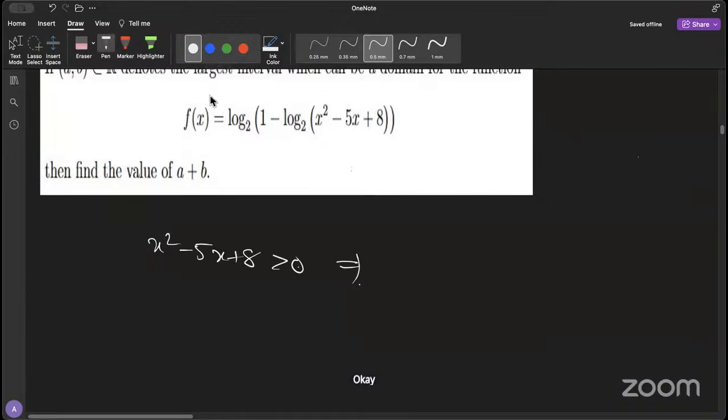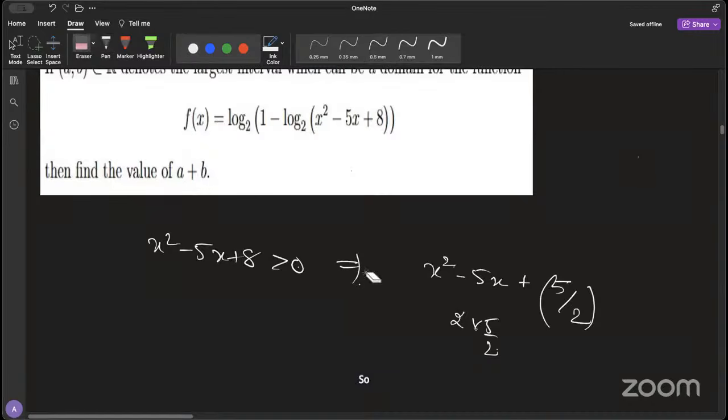Okay, so if you write this, this can be written as x square minus 5x plus 5 by 2 whole square, and this can be written as 2 times 5 by 2, so this will be 5 by 2 square here.